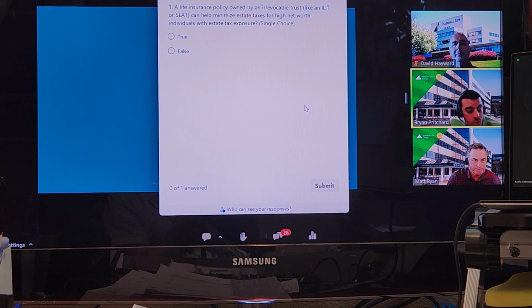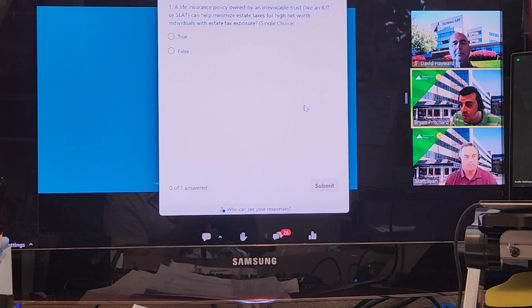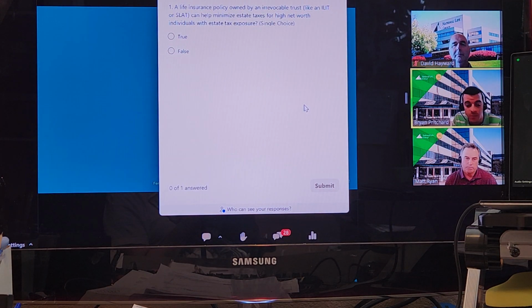And thank you. Those are great facts so far on ILITs and SLATs and their use in the estate planning world. So with that in mind, the question that we have for our CPA friends, who again, remember, if you want 1 credit for 1 hour of CPE credit, we need you to answer all 3 of the polls. This is poll 2 of 3.